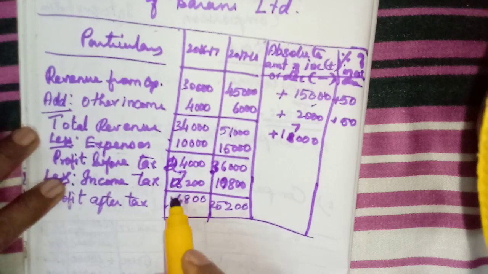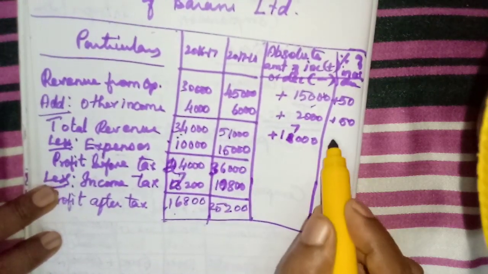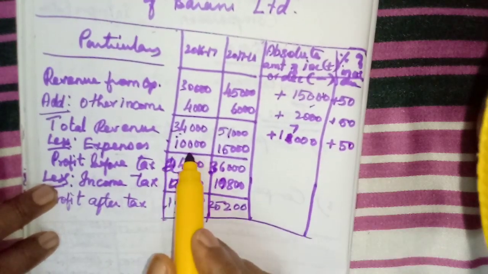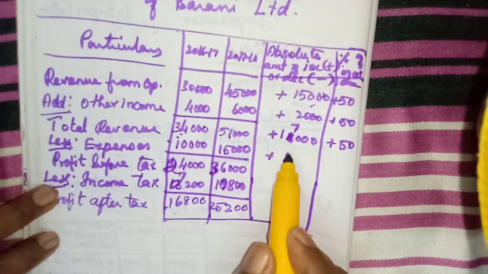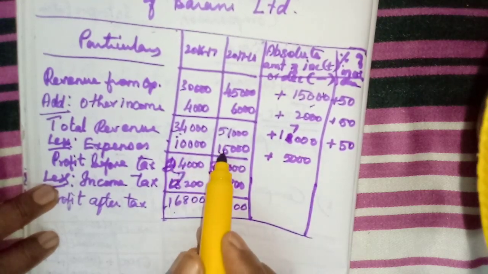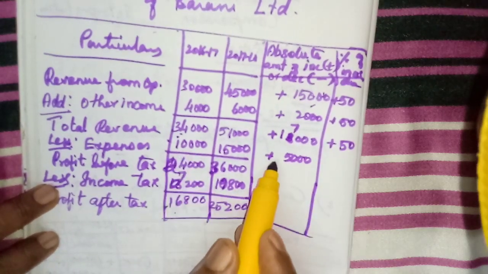Okay, 17,000. This also is half of 34,000. So plus 50%. Then how much is increasing? Plus 5,000. We need to deduct this one from this one. Okay, plus 5,000.